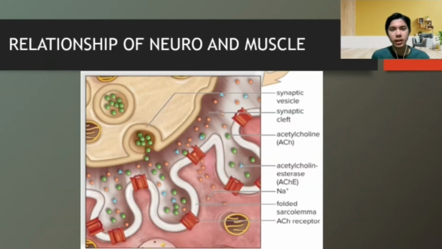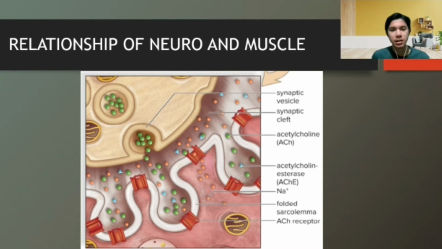Now, we will look at the components present inside the axon terminal, the sarcolemma, and also what is between them, the synaptic cleft. Here, we can see the axon terminal does not physically touch the muscle fiber.